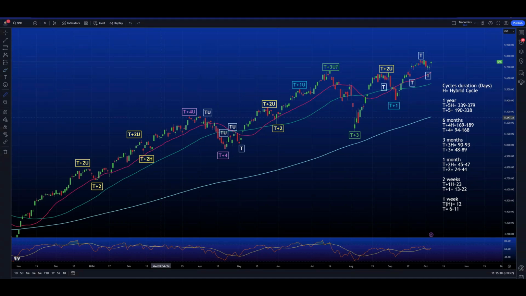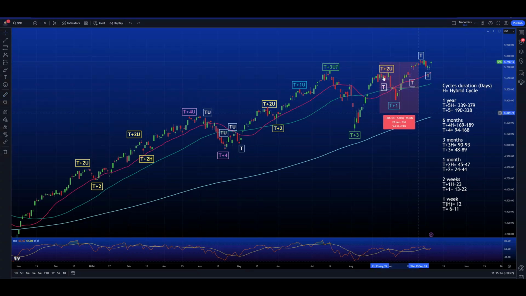The second interesting thing is that from this top or this top, we have the beginning of a T plus 2. I would keep this top, so 30th of August 2024, as the beginning of the T plus 2, but we can also take this one for a more conservative approach.